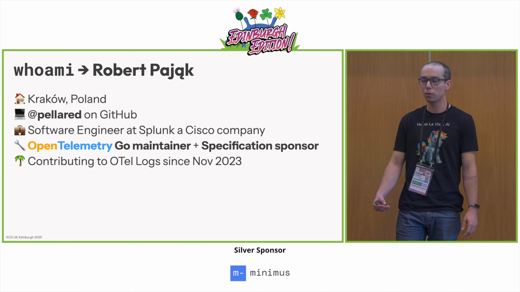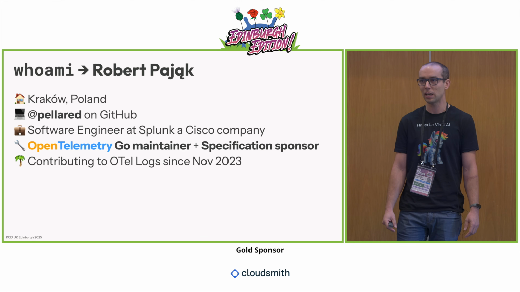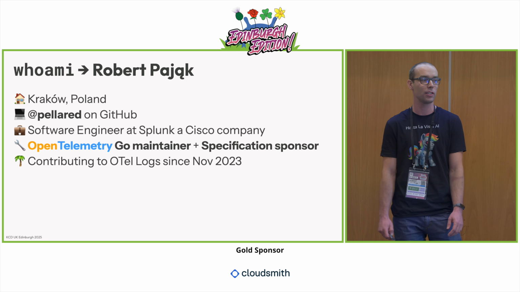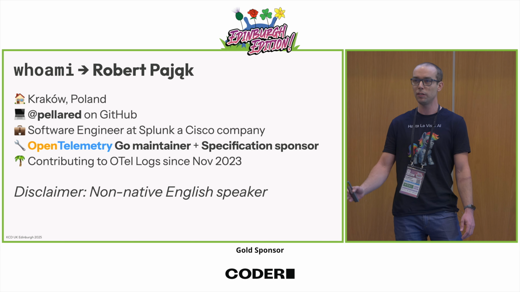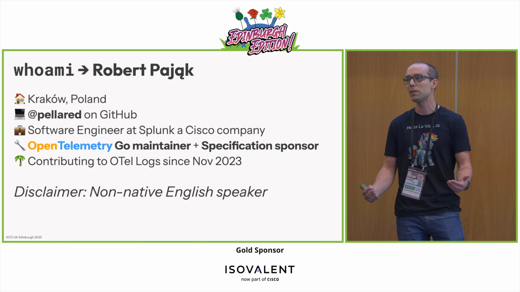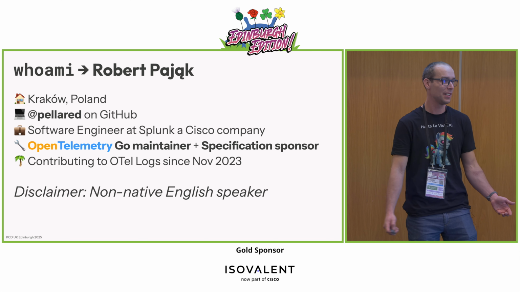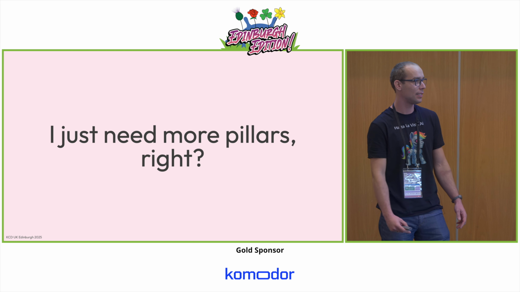I have been contributing to logs in OpenTelemetry for about 2 years, but I was doing logging for much longer than that. Disclaimer, I'm not an English speaker. So if you have problems understanding me, don't blame my English, it simply means that I have no idea what I'm talking about. I have a question for you, Dan.